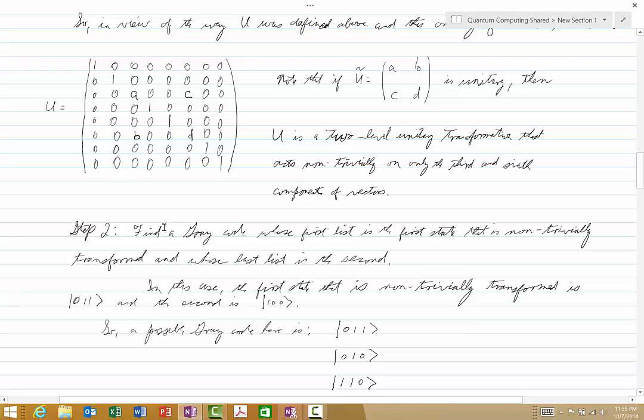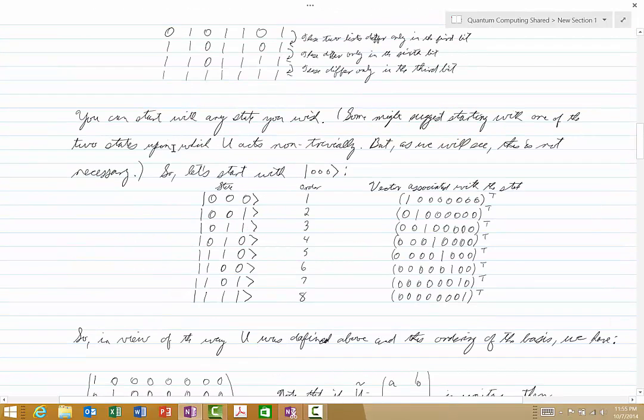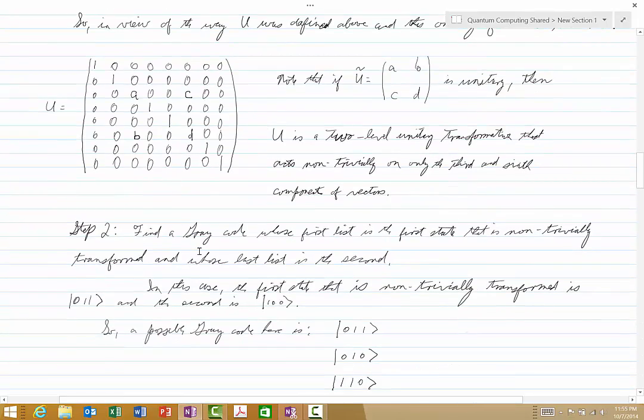Step 2, we find a gray code again, but this time, remember in the first case, the beginning list was any state we wished. But in step 2, the beginning list is the first state that is non-trivially transformed, and the last list will be the second state that is non-trivially transformed.